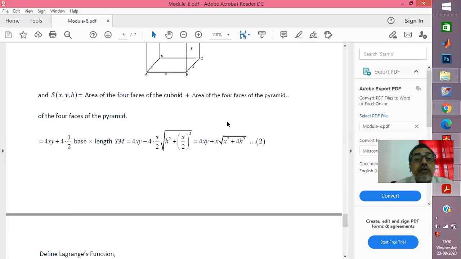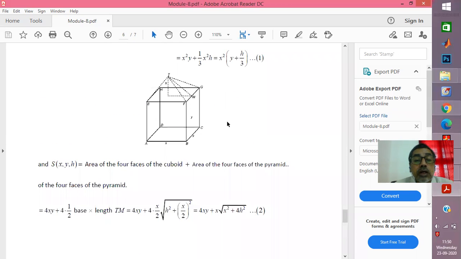The surface area will be the 4 walls. The base will not be there, of course, and the 4 walls of the pyramidical part. So 4 times x into y, that is the 4 walls area, plus 4 times half into base into height of the pyramid. Now look at that one face of the pyramid. It's an inclined triangle having base as x and height indicated as t.